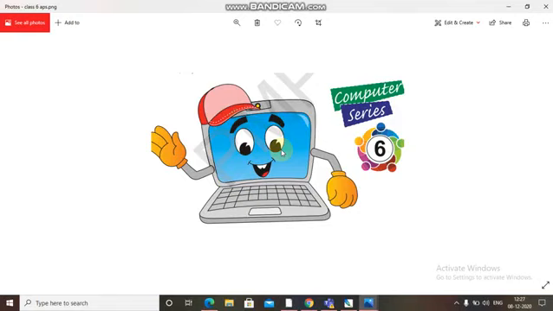We also saw the difference between email and ordinary post, the advantages of email, and what methods people used in earlier times to send messages. So we discussed all these things in our previous class.